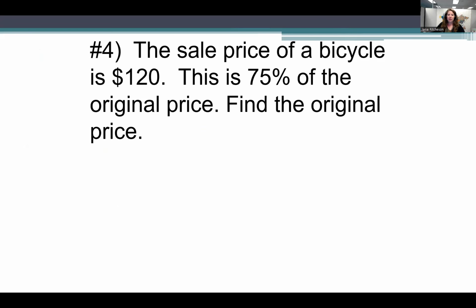All right, number 4: the sale price of a bicycle is $112. This is 75% of the original price, of the whole price. The original price will be the whole price. So we don't know the original price. We don't know the whole price, but we know the sale price, or part of the whole price, is $120. And that is 75%.